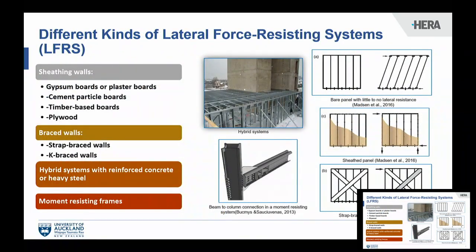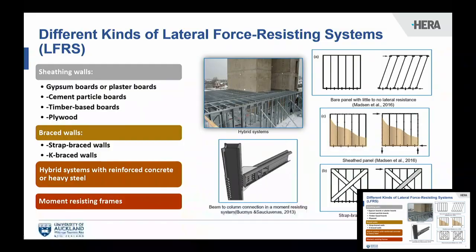Because the building design will be more interesting for you, I just want to mention the different lateral force resisting systems that can provide the safety of the building against earthquake load. One lateral force resisting system is sheeting walls, which can use materials like gypsum boards, cement particle boards, or timber and plywood that can provide shear stiffness.